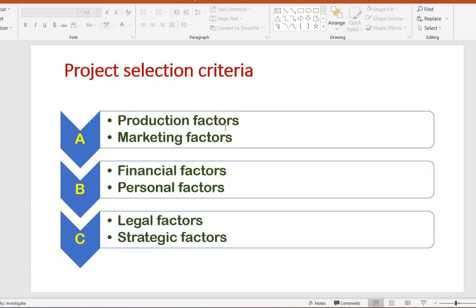Now, something which comes into the picture is what the selection criteria should be when we go for any project. So, drawing from management theory and principles, these are some of the factors. The first one I mentioned is the production factor.